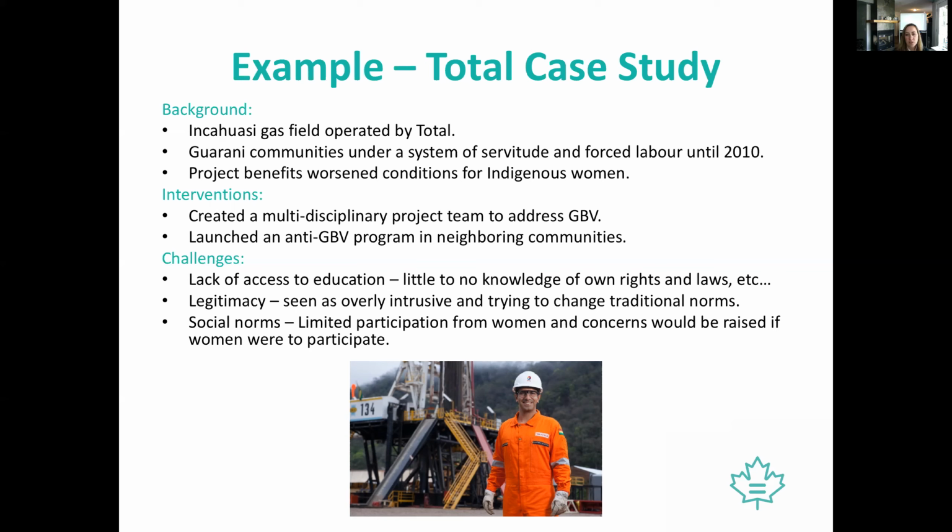They were seen as overly intrusive and actively trying to change traditional norms and impose Western culture on this community. And the social norms really limited the participation from women, and many people in the community raised concerns about whether women were actually able to participate in the project.